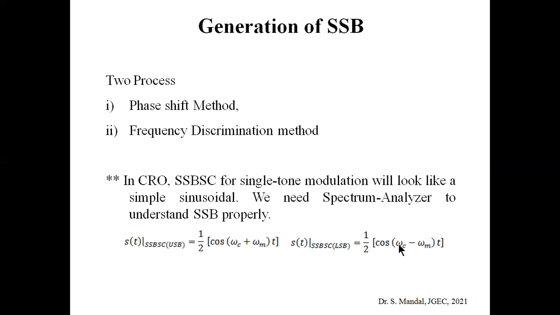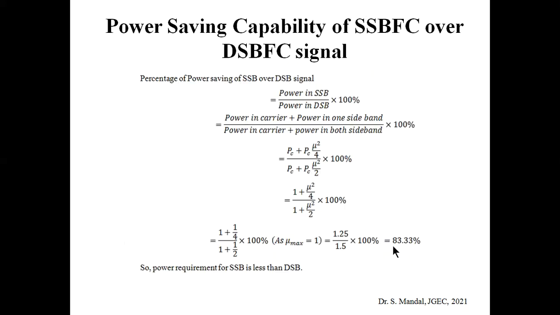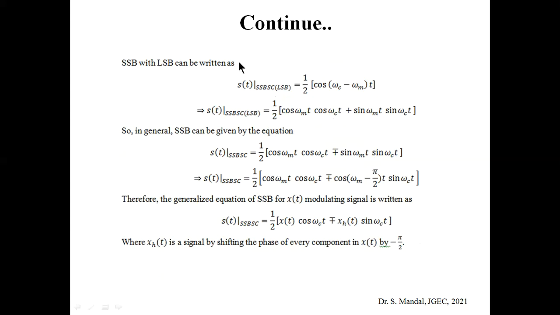So now let's see the generation of SSB. That means how can we generate the SSB signal? We already know the formal equation for SSB SC is this, that is half into cos omega mt into cos omega ct minus plus half into cos of omega mt minus pi by 2 into sin omega ct.